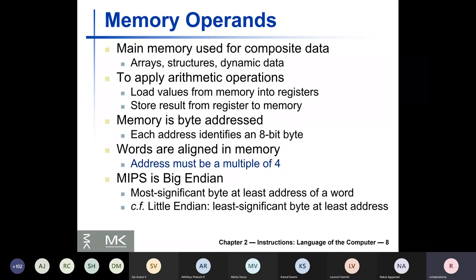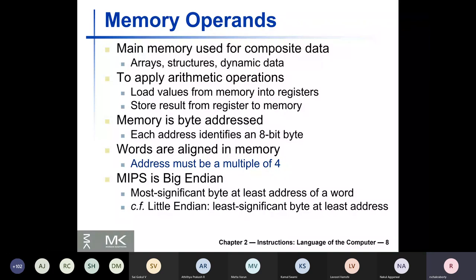Now the question is, what will be there at byte address 0 and what will be there at byte address 3? How will it arrange the data? Suppose I have a 32-bit integer. I have to store it in this memory location. How to store it?